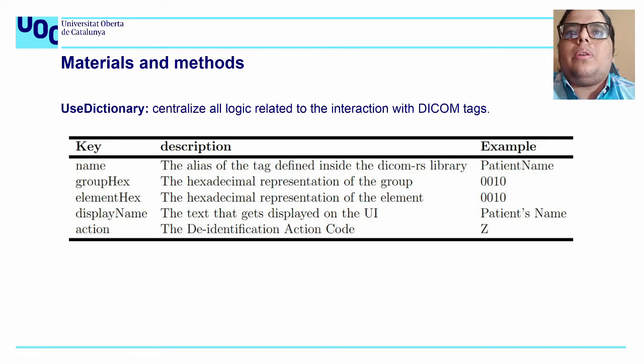This is another hook that centralizes all the logic related to the interaction with the DICOM tags. Here we have a structure that is defined to perform these interactions that includes the name, the group, the element, the display name, and the action that will be used for that particular tag.